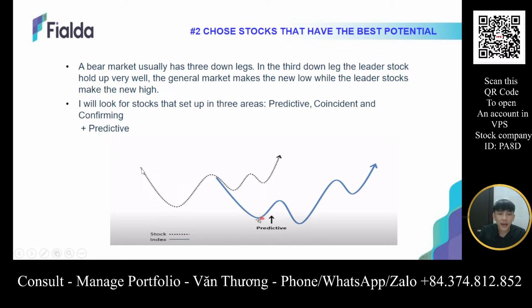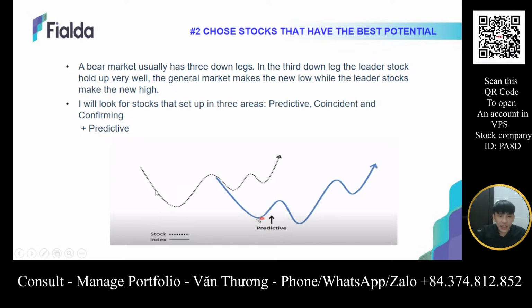They are going to form a base here, for example a volatility contraction pattern, or cup with handle, or triple bottom, or high tight flag, or flat base, or triangle, a lot of consolidating bases.